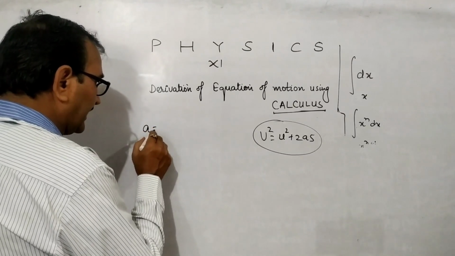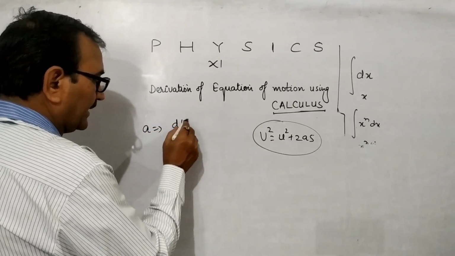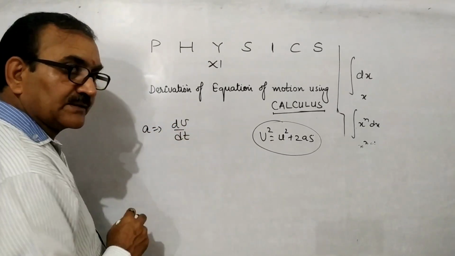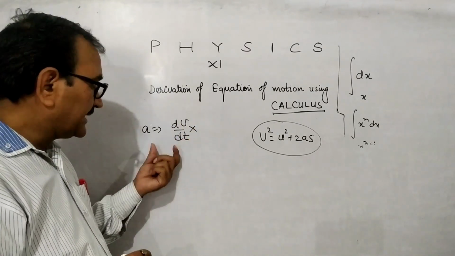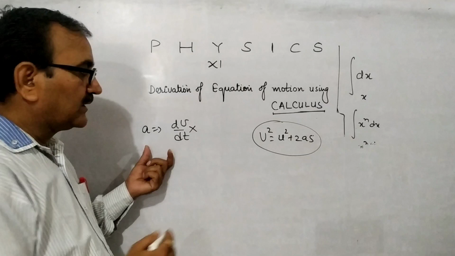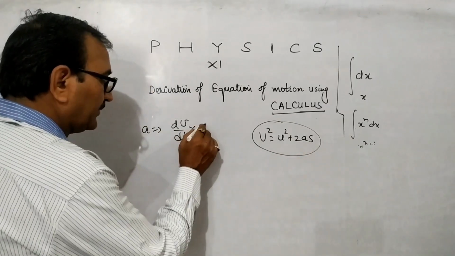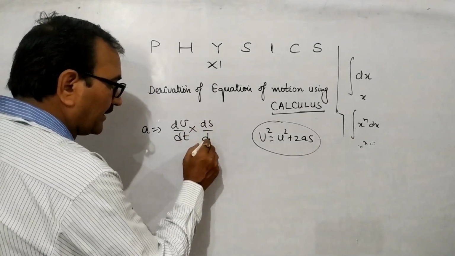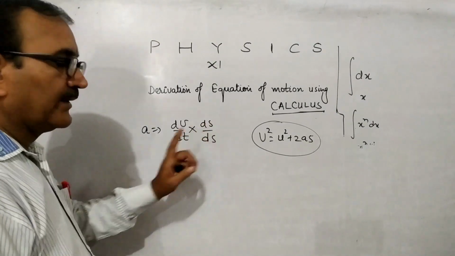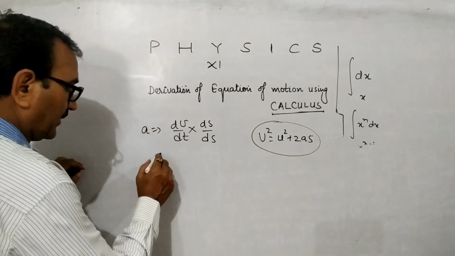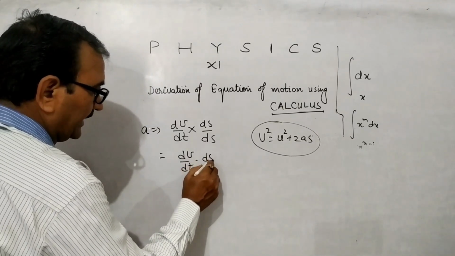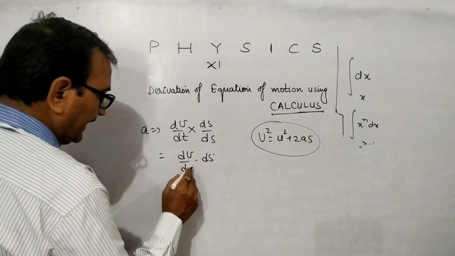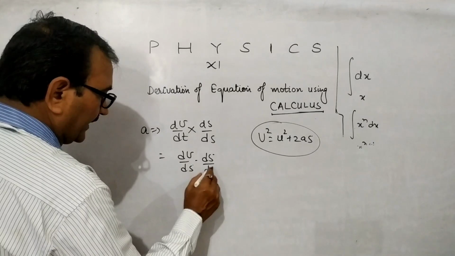You know that a is equal to, very simple, dv upon dt, already I have discussed. Now you have to arrange this formula in such a way that we get this one. So we multiply ds in numerator and denominator. You can write here: dv upon dt into ds, dv upon ds into ds upon dt.